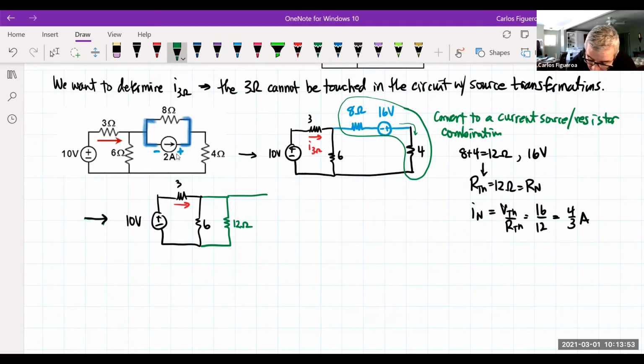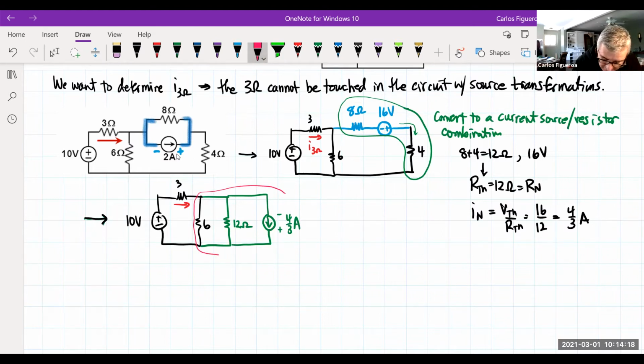So then my current source should look down like this, minus plus, and this guy should be 4/3 amp.